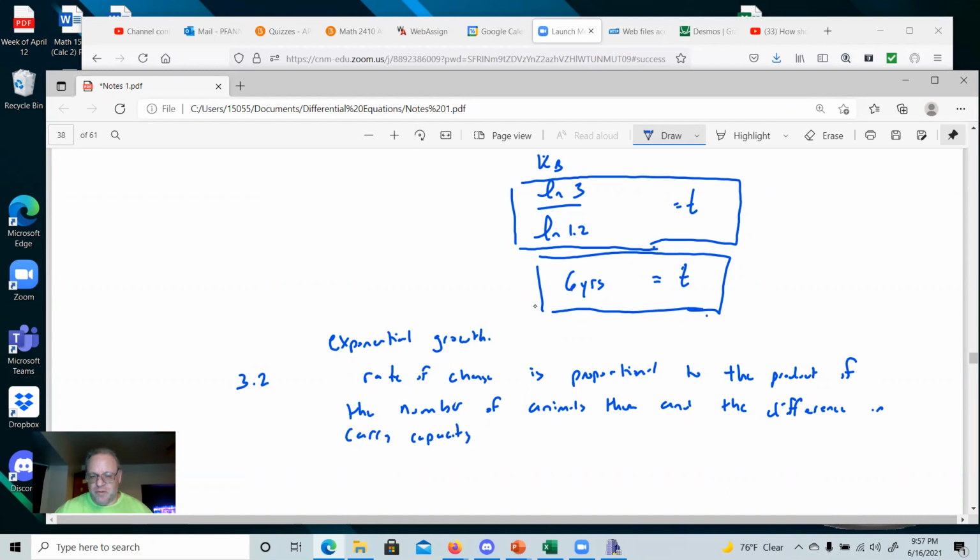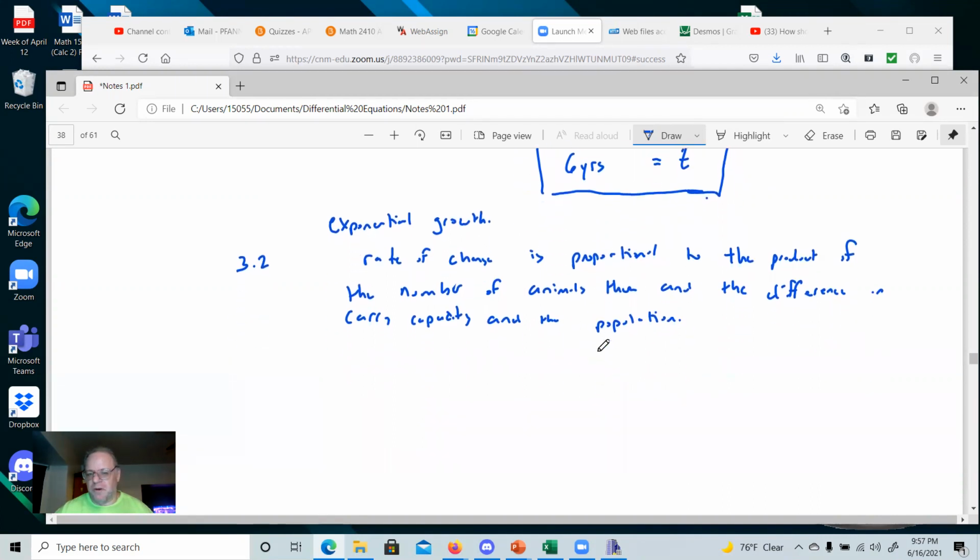That's the maximum amount of things that can exist there without bad things happening. The difference in the carrying capacity and the population. I'm sure the book will put it a little bit better poetically here.